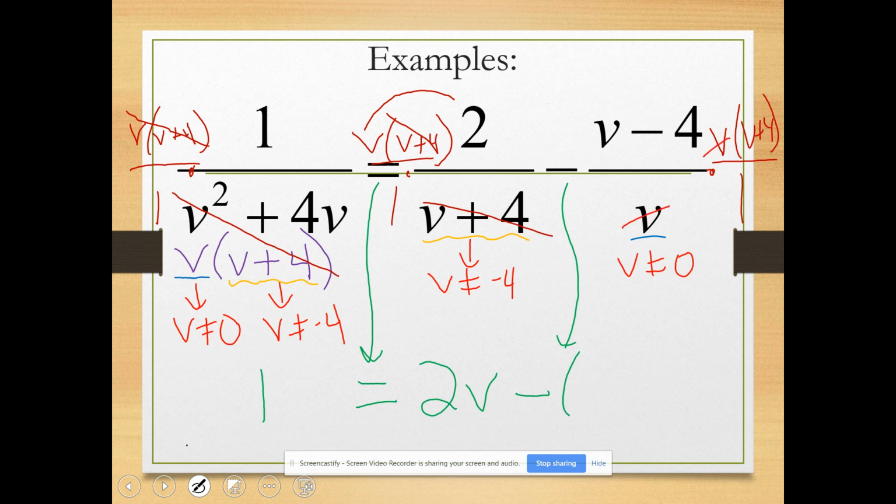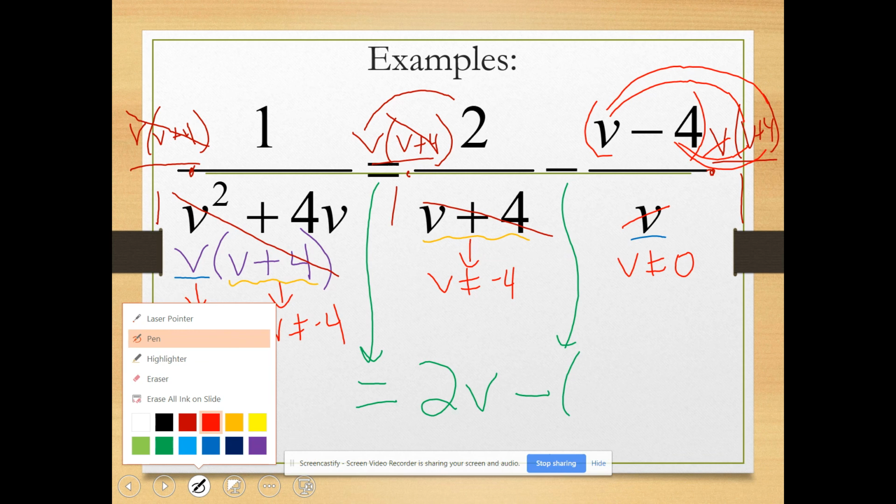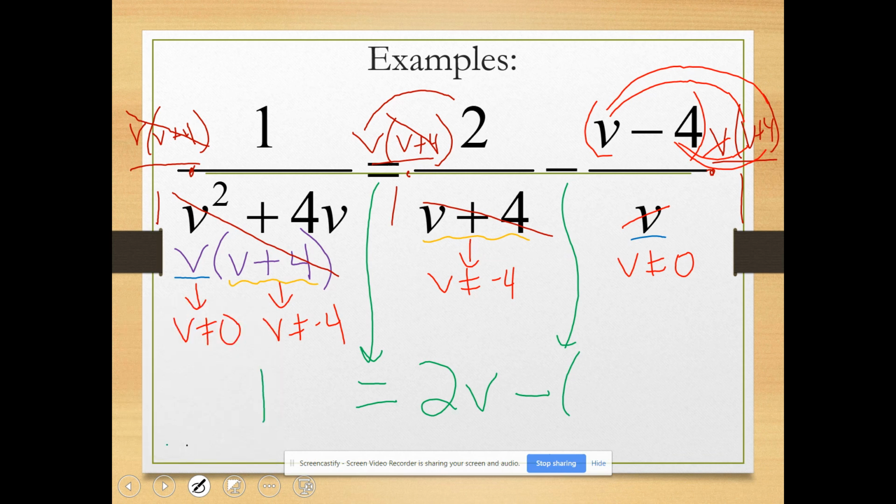And the v's simplify out here. So I need to multiply v minus 4 times v plus 4. I'm going to do that by distributing or foiling. And so that gives us v squared minus 4v and plus 4v, add to 0, and then negative 4 times 4 is negative 16.